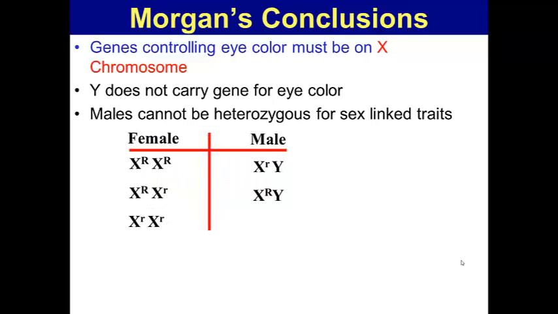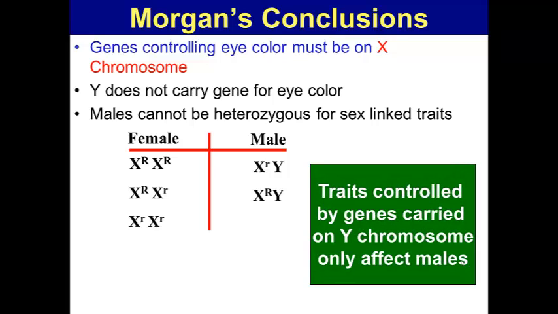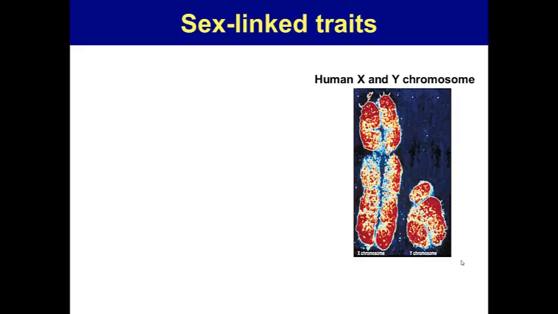The possibilities for females are homozygous dominant, homozygous recessive, and heterozygous, or containing 1 red allele, 1 white allele. Males can only contain either a white allele or a red allele. Traits controlled by genes carried on the Y chromosome only affect males.